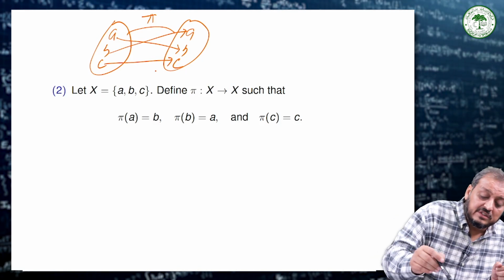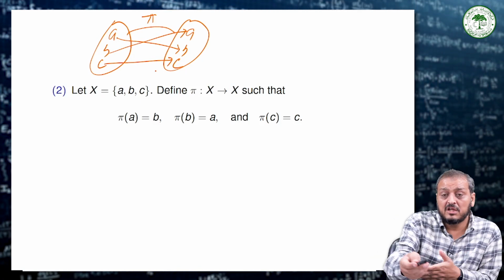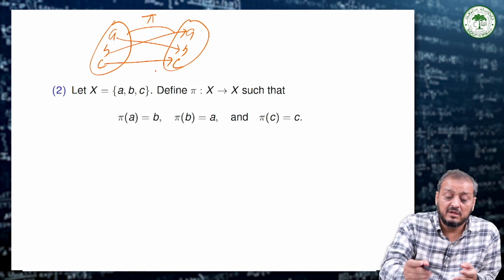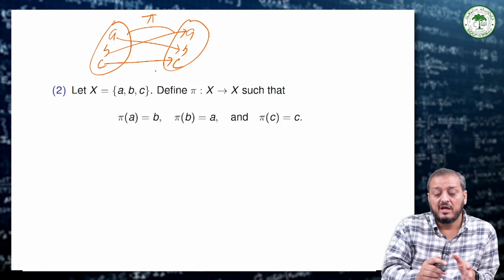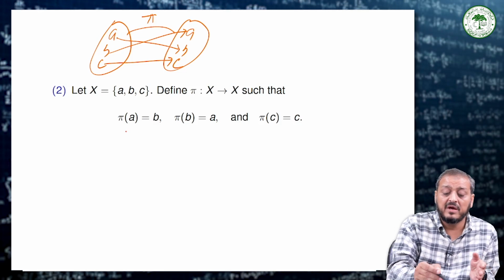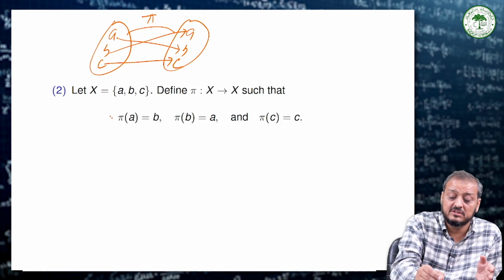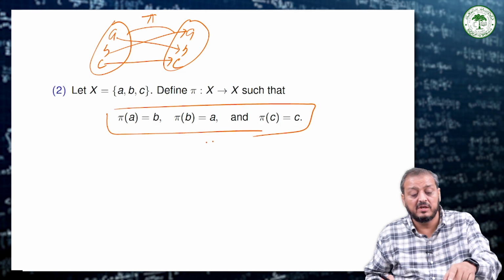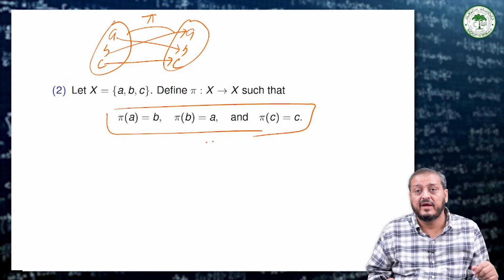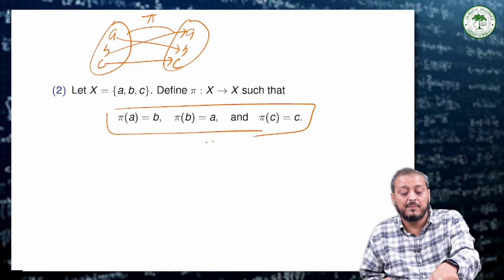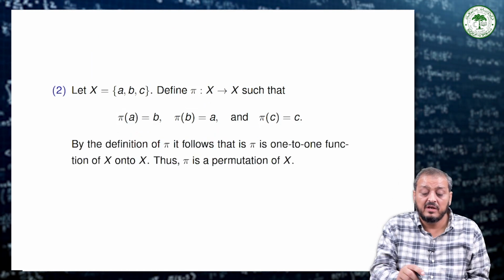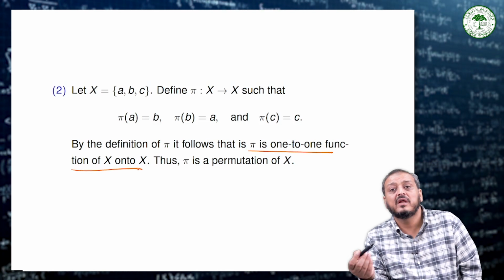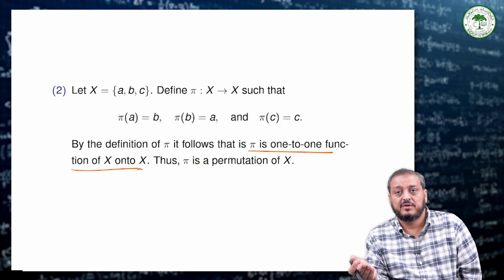Then you see clearly that every element has an image and every element has a pre-image. By this figure you can easily say that pi from X to X, defined in such a way, is one-one and onto. So clearly pi is a permutation.